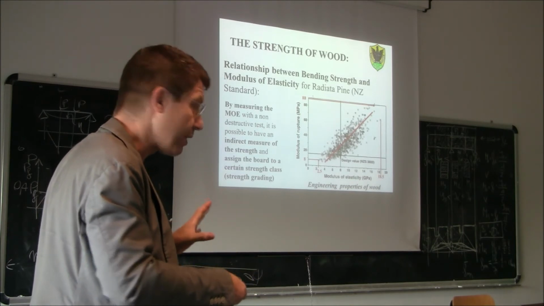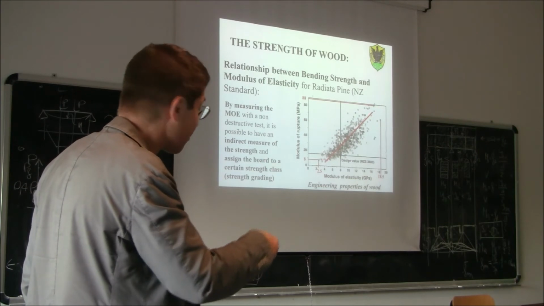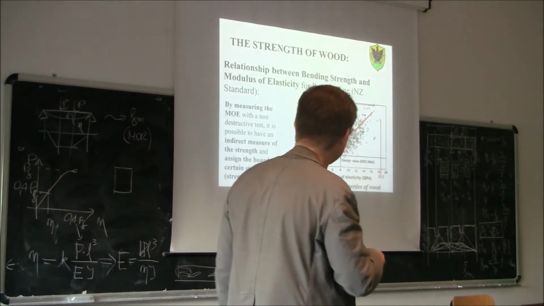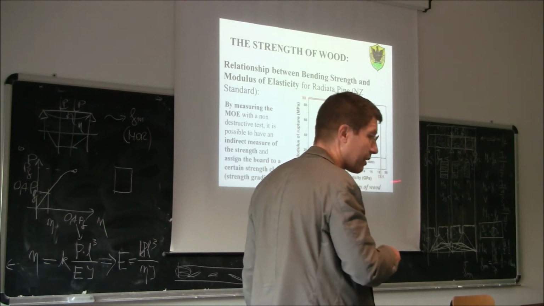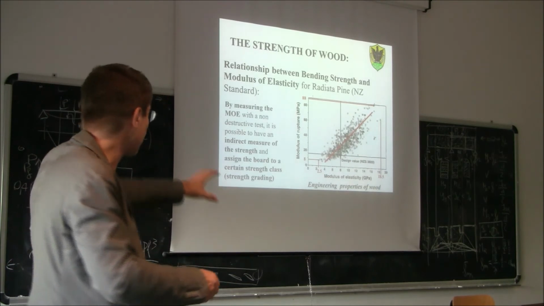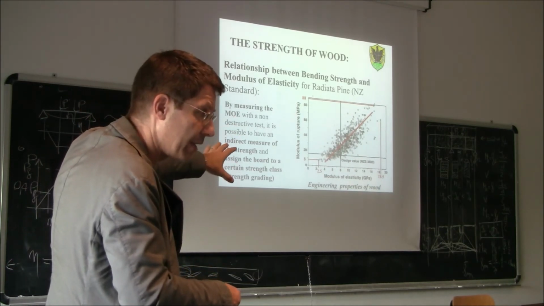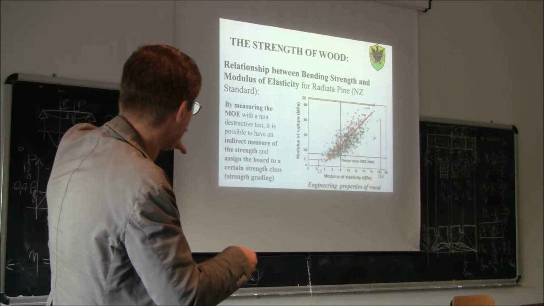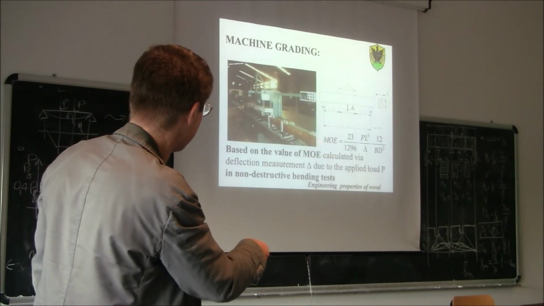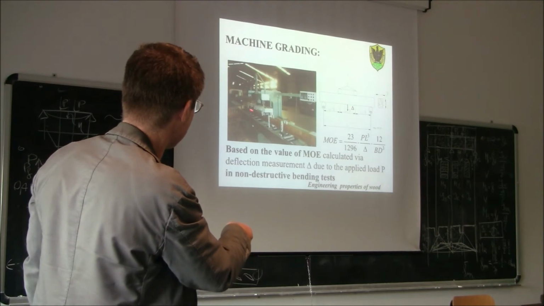To find a good correlation, this correlation here is not enough. So what they do, they couple the measure of the modulus of elasticity with some scan of the surface. In fact, the other way to do the strength grading is, rather than to measure the modulus of elasticity, for example, you see here, we have a timber beam going through this machine.